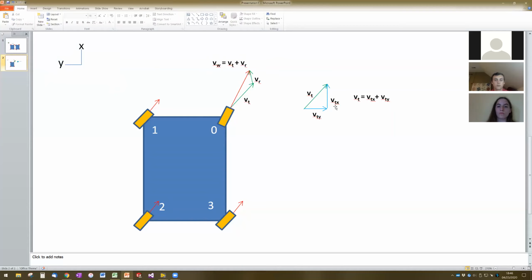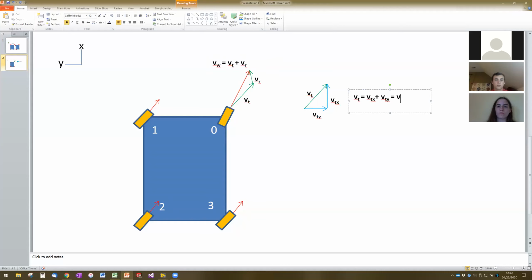We've got the translation vector broken down by its x and its y component. As we talked about earlier, the x and the y components are scalars. They can be described that way because they are all in one direction.